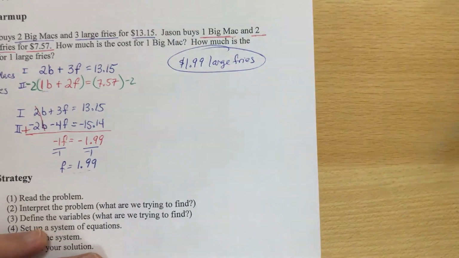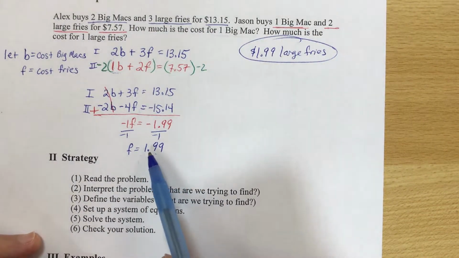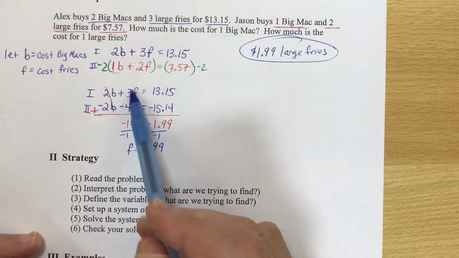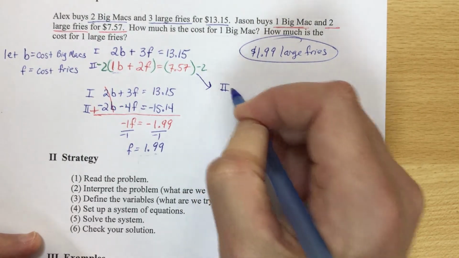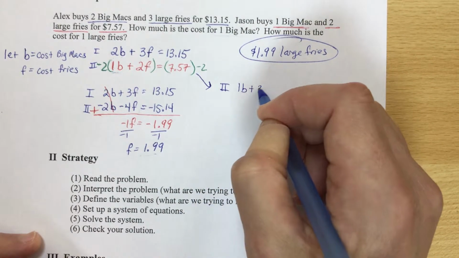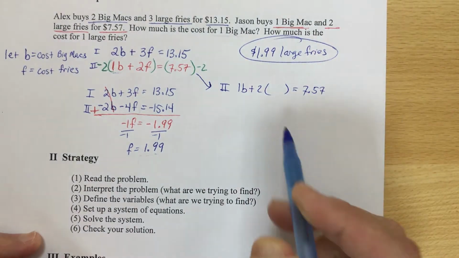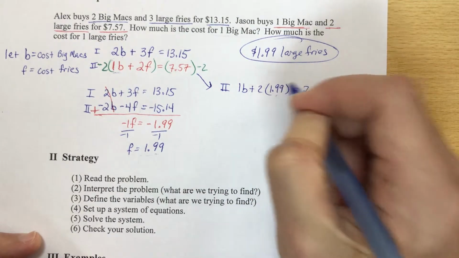But we're not done, because we also want to find the cost of one Big Mac. Well, to do that, we need to find the value of B. Let's go back to the second equation here, which was 1B plus 2F equals 7.57. But since we found the cost of the fries is $1.99, we'll substitute that.